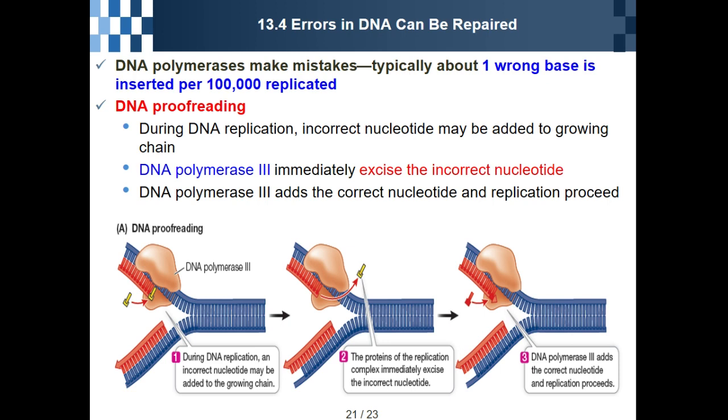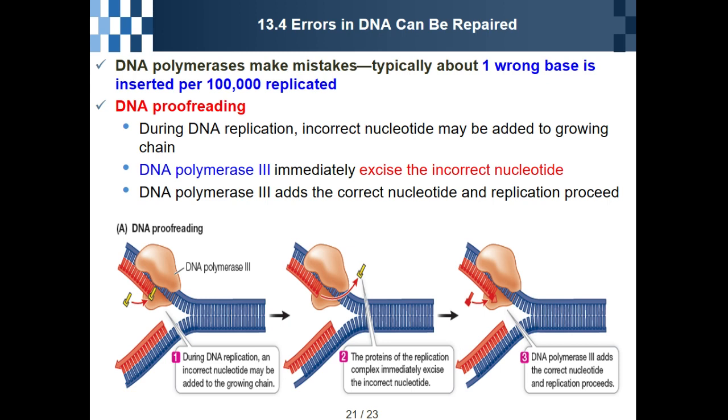Okay, for example, DNA polymerase 3 itself can make a mistake, but it also has DNA proofreading ability. So during DNA replication, an incorrect nucleotide may be added to the growing chain. But DNA polymerase 3 can proofread. Okay, proofread. What is proofread?